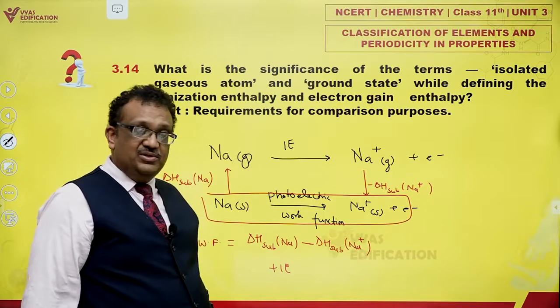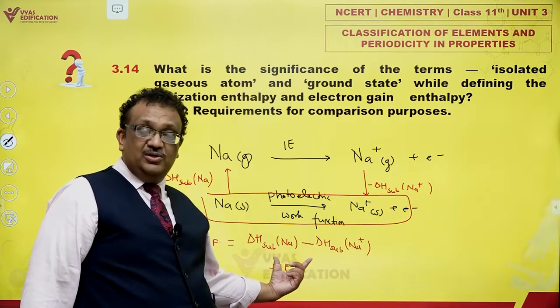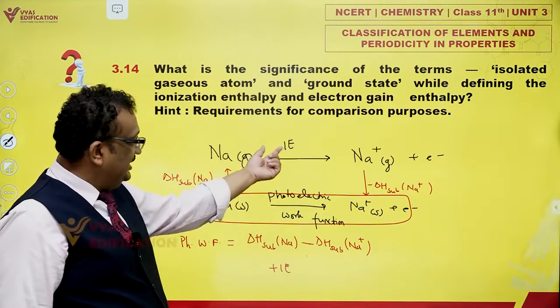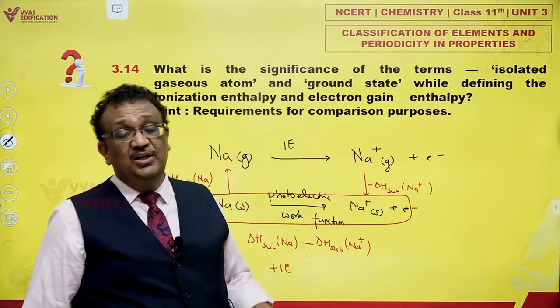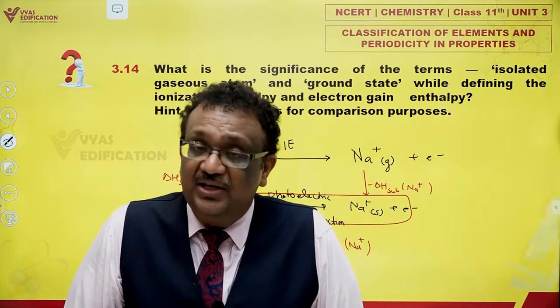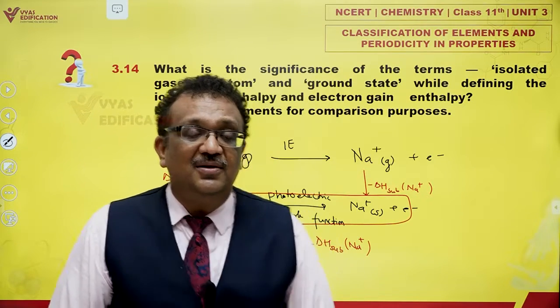Since this is not zero, both these entities, photoelectric work function and ionization energy, could very well be different. And indeed they are quite different.